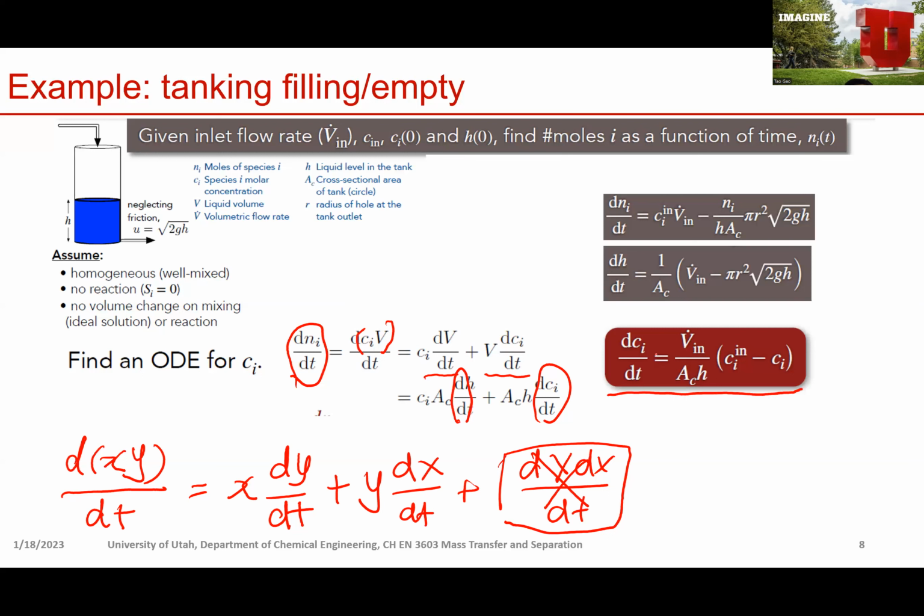It's dependent on H and Ci. So with these two equations, you have two variables, H and Ci, and you have two ordinary differential equations. Then that's how you can solve them directly.